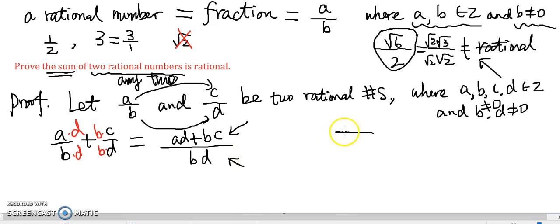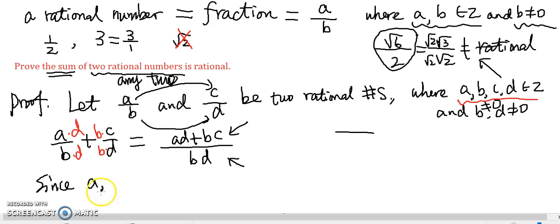This is apparently true because a, b, c, d are the numerators and denominators of those two fractions, so they are integers. So we can write down a sentence to explain why.